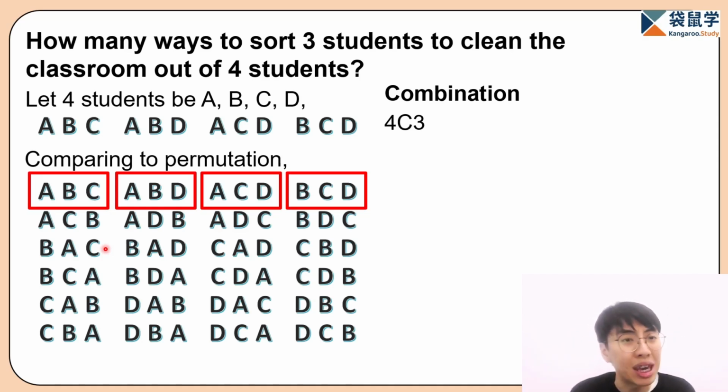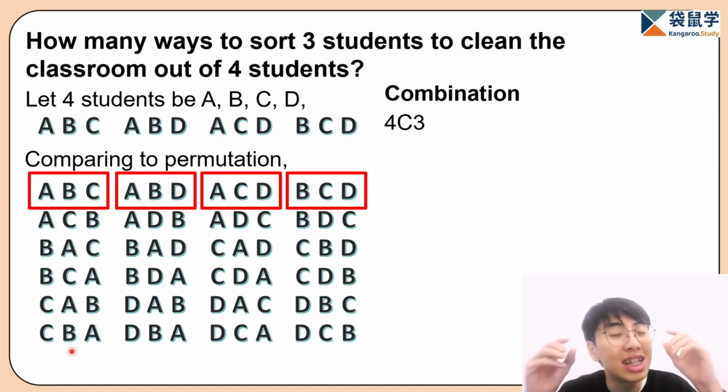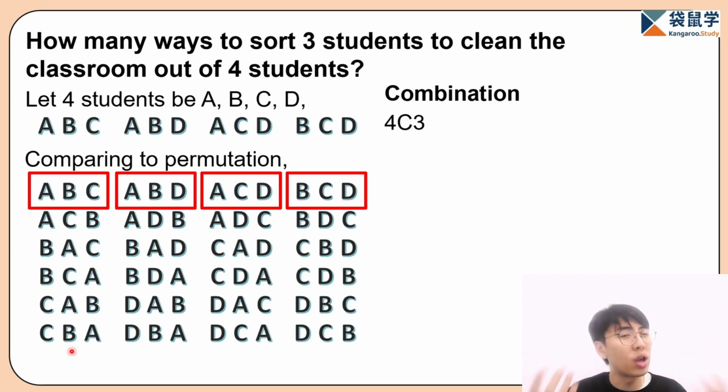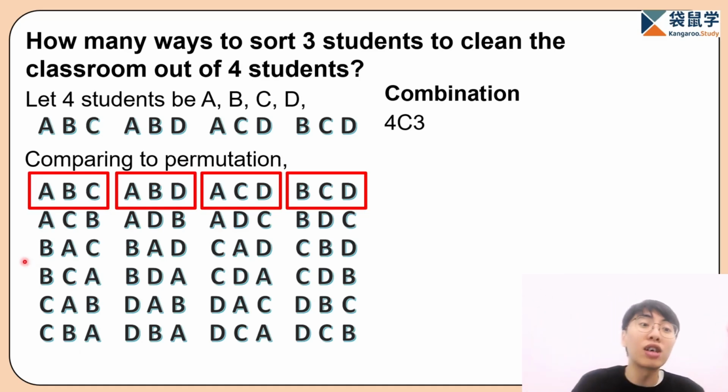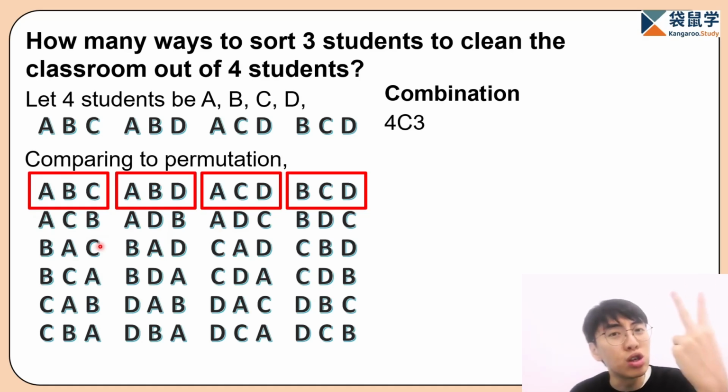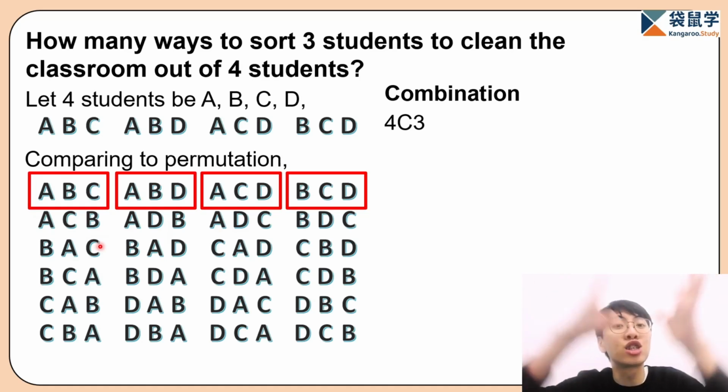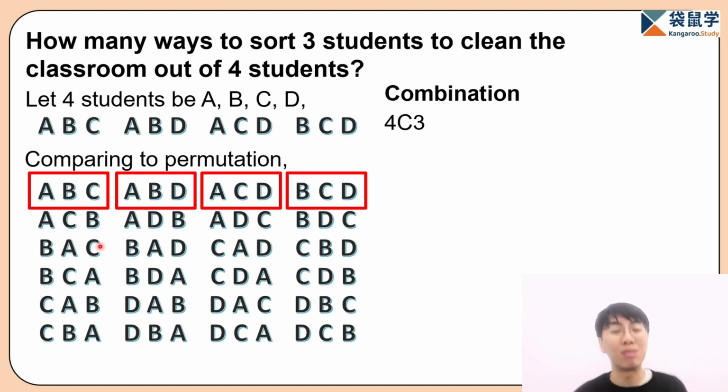So with that being said, to get to our combination, we realize in this column, all 6 of them are actually the same thing. So we have to divide by 6. And why do we divide by 6? Because for these 3 students, there are 3 times 2 times 1 ways of sorting them among themselves.